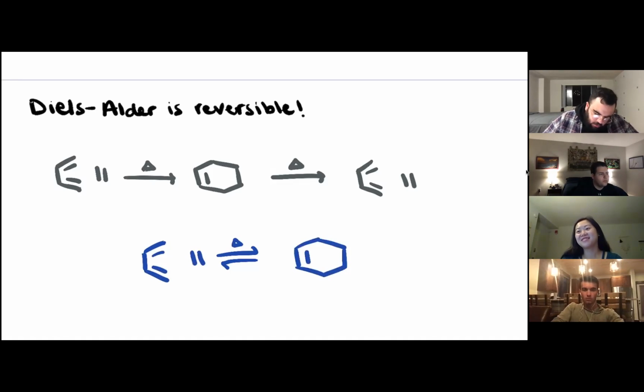Cool. So you could do that with any diene and dienophile and cyclohexene, right? Just break it by reversing or form it by doing the forward reaction.